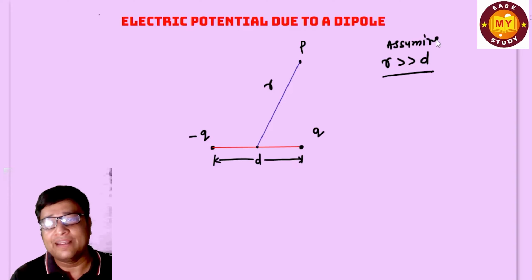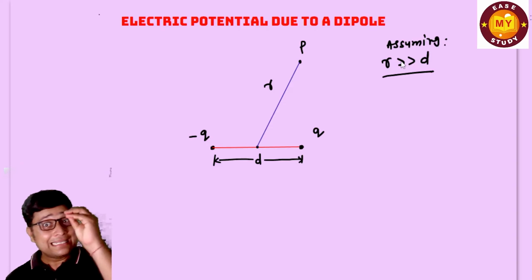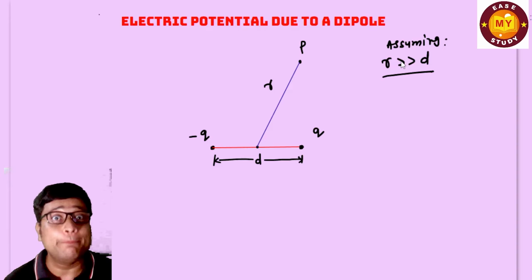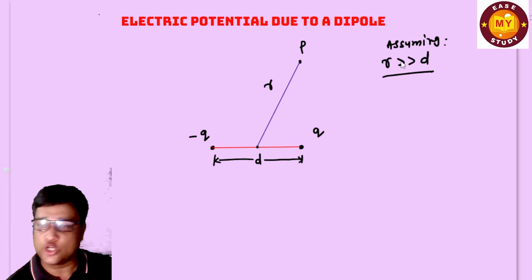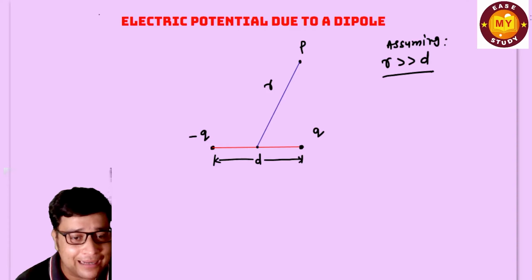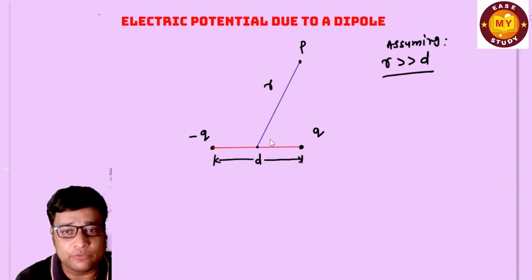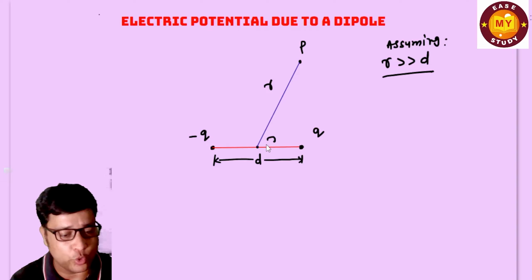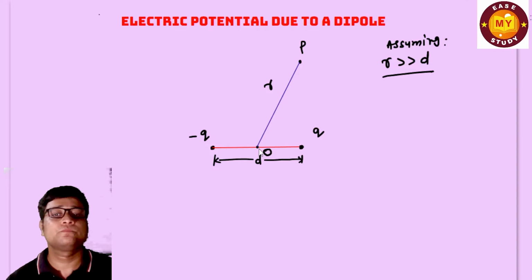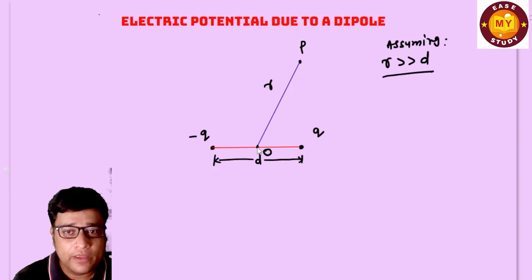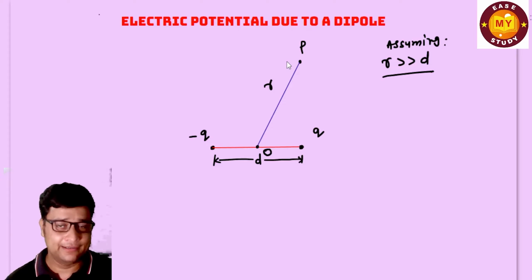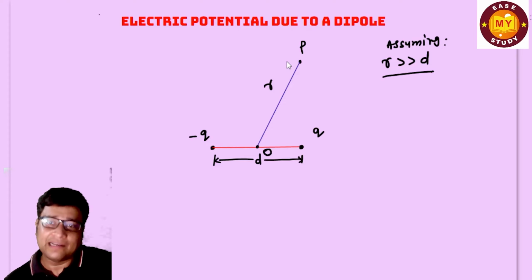We are assuming that the point P, where you want to find the electric potential, is at a far distance from the center of the dipole. We generally mark the center of the dipole as O, so here I am marking it as O. Now you can see that I have made it slightly inclined. For the general case we make it inclined.